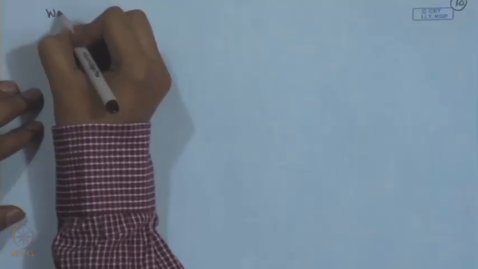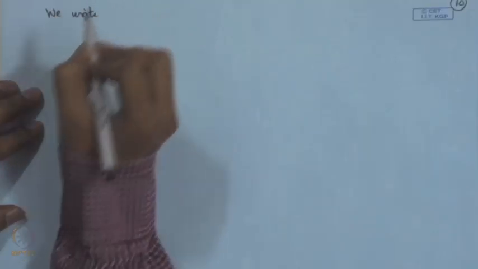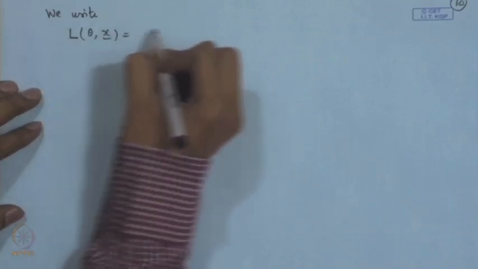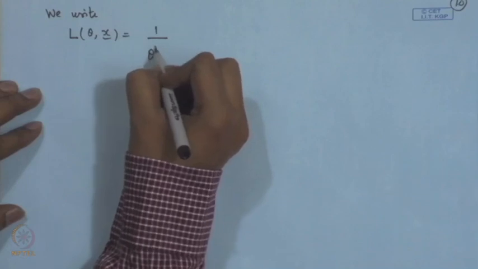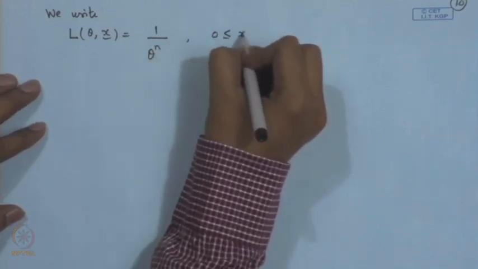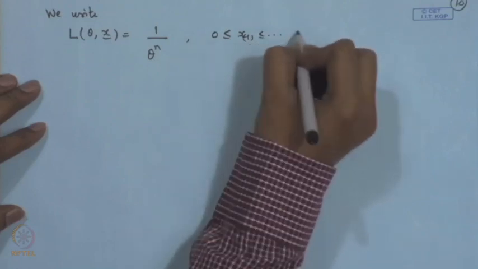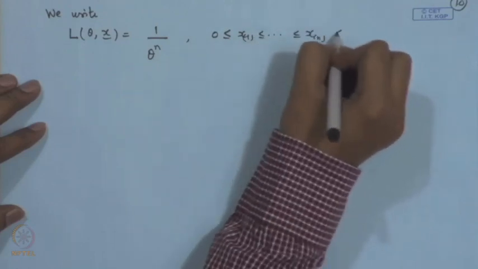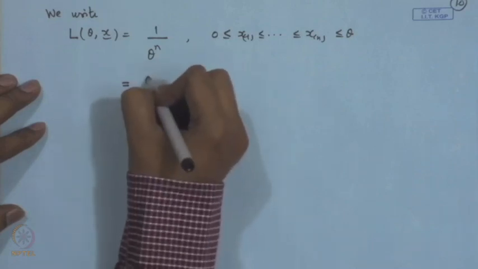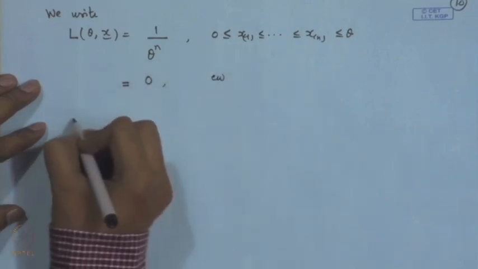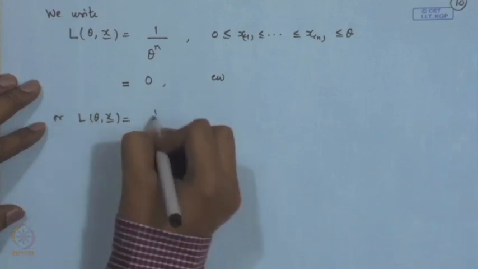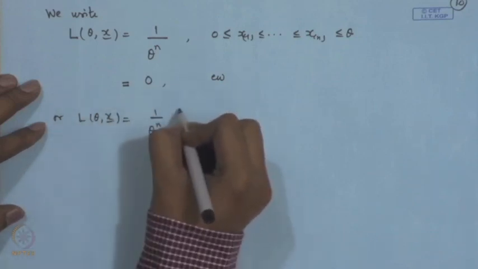We may write the likelihood function as 1 by theta to the power n, for 0 less than or equal to x 1 less than or equal to x n less than or equal to theta, or we can also write it as 1 by theta to the power n times an indicator.